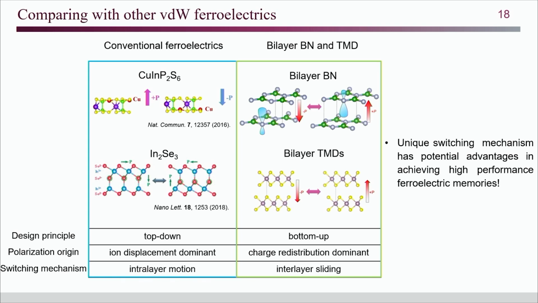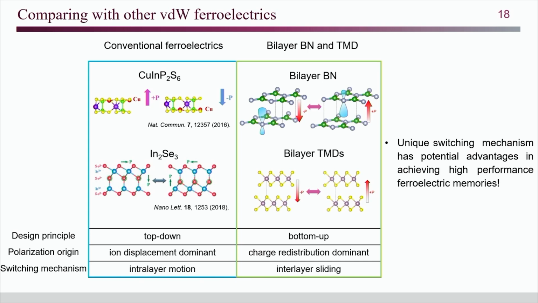While in our case, we are actually building from non-ferroelectric monolayers by stacking them with a particular stacking order and turning a non-ferroelectric into a ferroelectric material. So this design principle can be extended to many material candidates, so it actually opens a large design space. The polarization in our case comes from charge redistribution, while in the other cases, it's mainly from ion displacement.